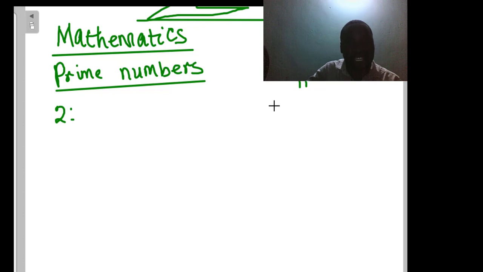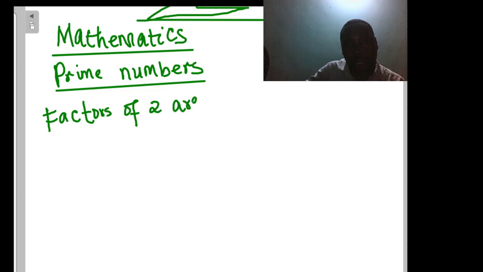Actually, every number is a factor of itself, and 1 is a factor of every number. So factors of 2 are 1 and 2.